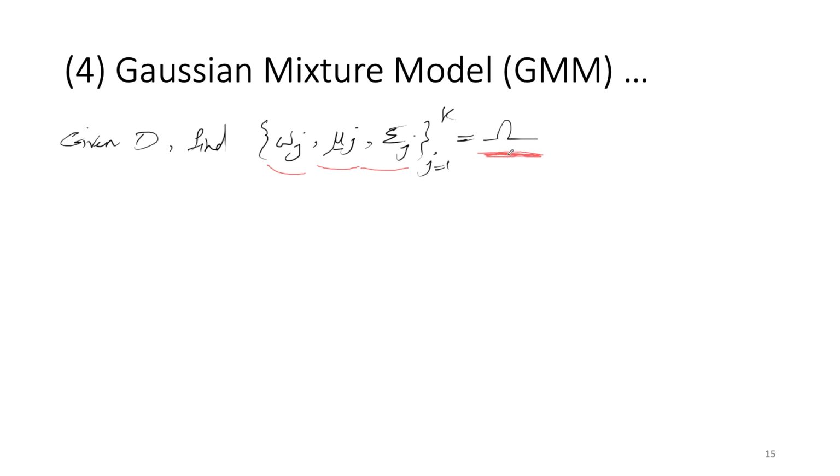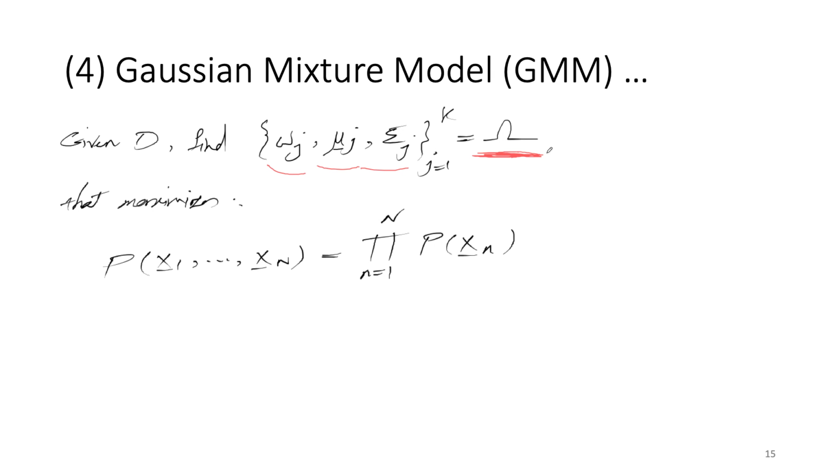And just like before, when you had a neural network, we can define the whole thing as our model parameters with omega, right? So using these model parameters, you have to use them in a way that maximizes all those probabilities that you just saw in the previous slide, right? From i to n. So this should be maximized.